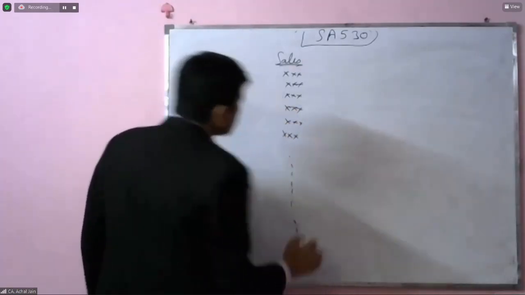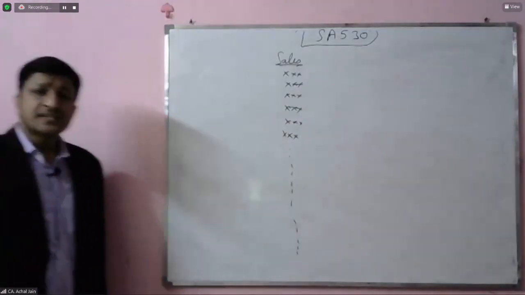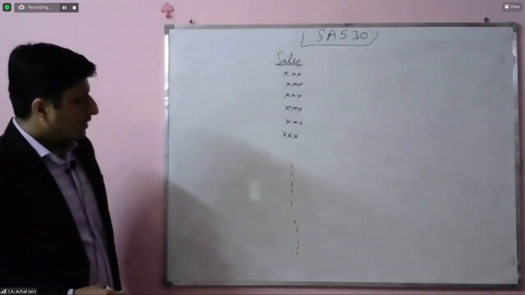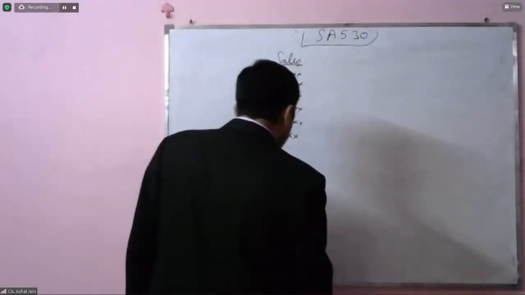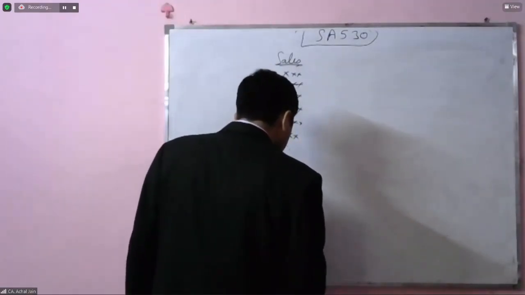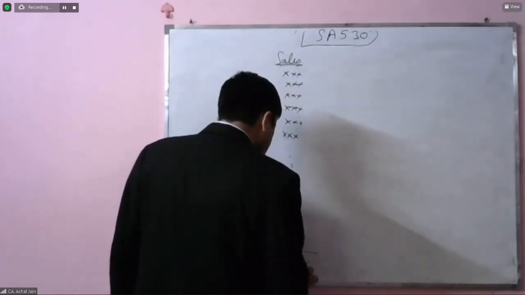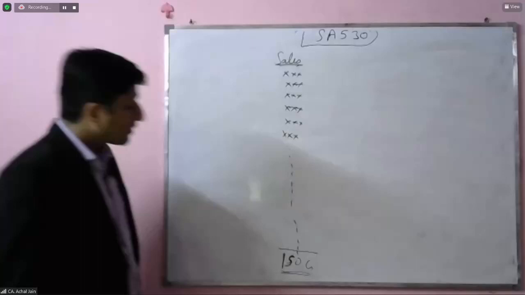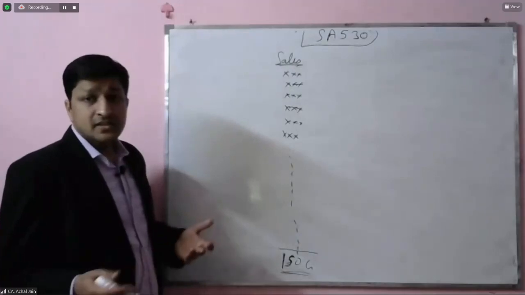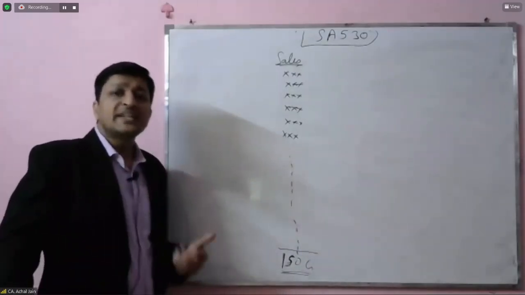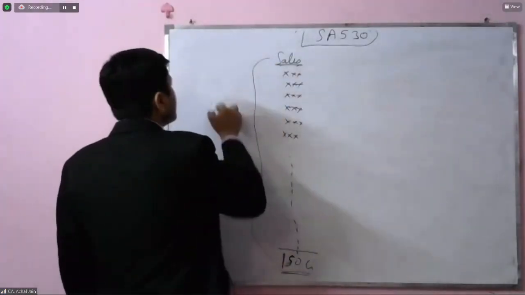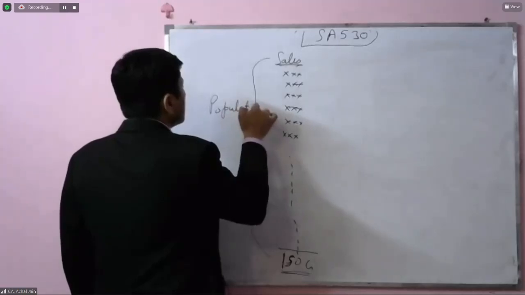So these are various sales transactions which have occurred during the year. And the total sales amount, let's suppose, is 150 crores. Now this sales amount needs to be tested by the auditors. That's why this entire set of data is termed as population.